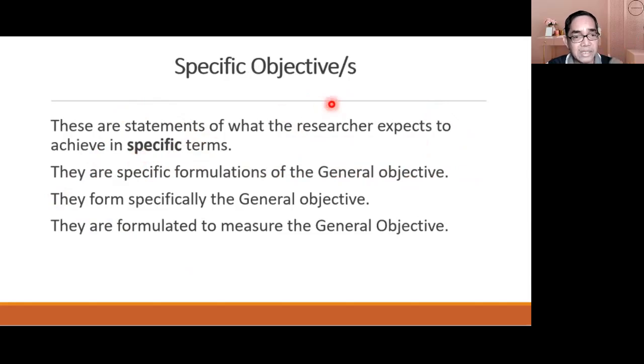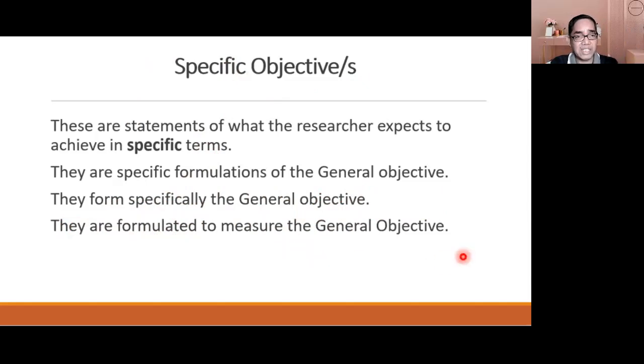That is why it is called a specific objective. And they are specific formulations of the general objective. They are formulated to measure the general objective.